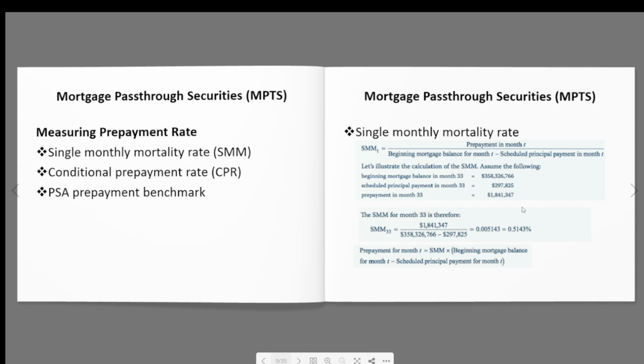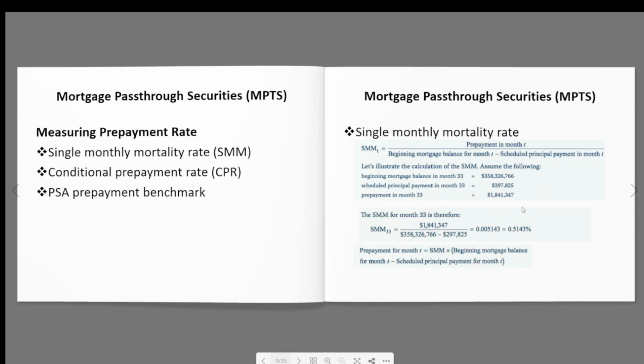SMM for month 33 is therefore the prepayment in month 33, which is the 1.8 million, divided by the beginning mortgage balance of 358 million less the scheduled principal payment. Once we do this, we find that our SMM is 0.5143%.